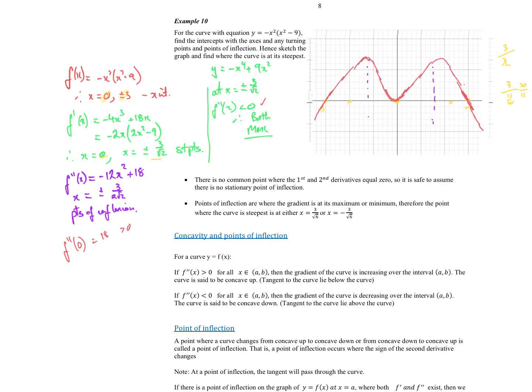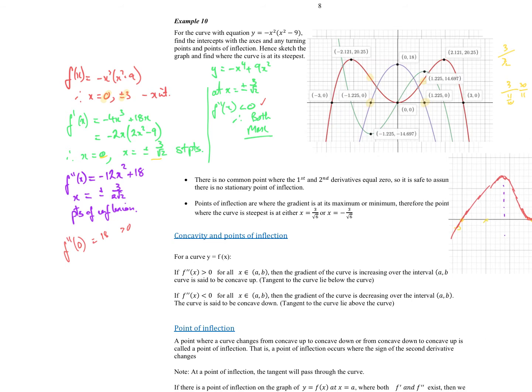Okay, I did mention concavity. So we talk about concave up and concave down. So something that is concave down that way, concave up that way. All right, so if f double dash of x is greater than 0, that means the gradient of the curve is increasing over that interval, which means our graph will be concave up.